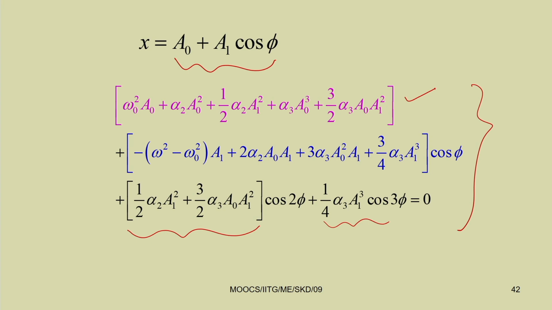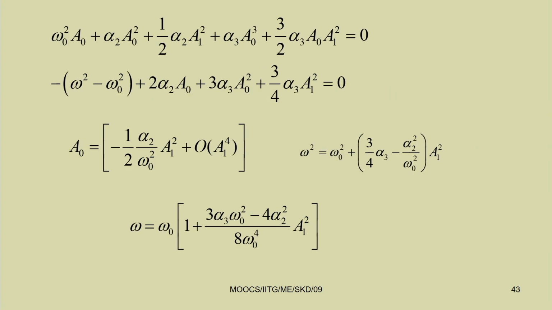As we have taken two terms here, we can equate the constant term equal to 0 and also the coefficient of cos phi equal to 0. By doing that, we got two expressions: this is the constant term equal to 0 and this is the coefficient of cos phi equal to 0.